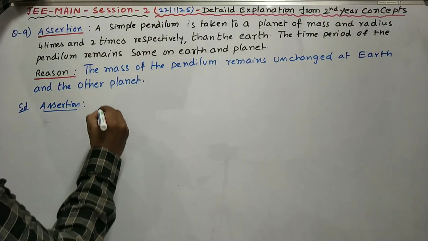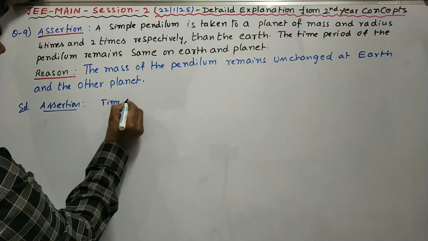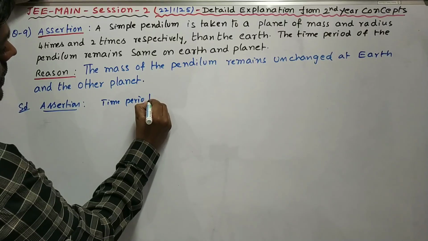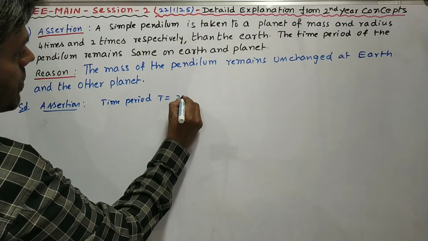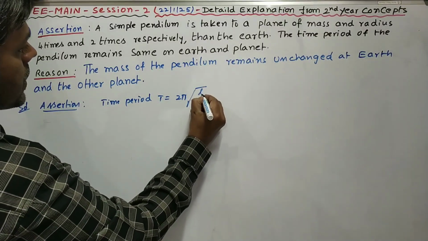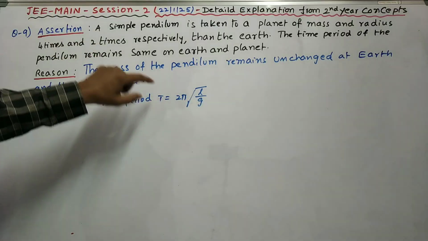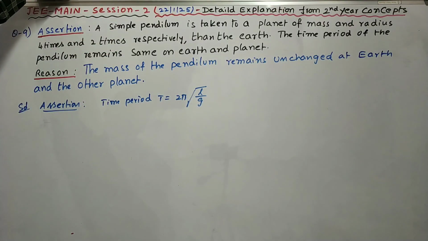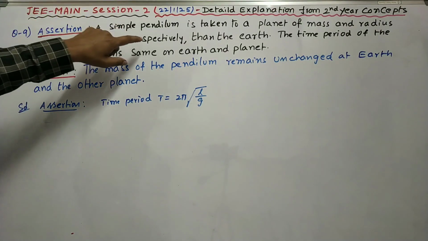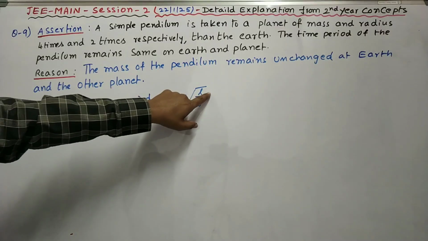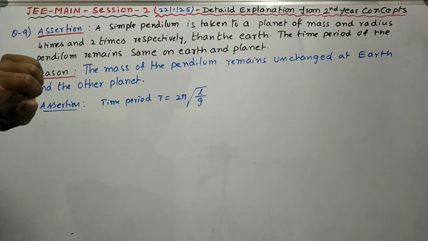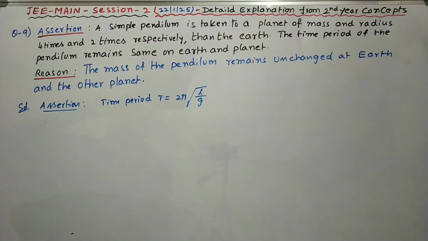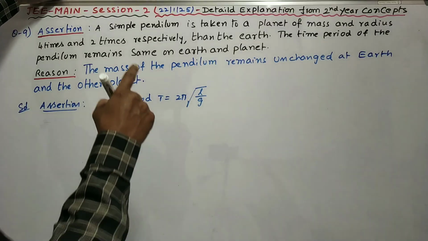A simple pendulum: what is its time period? Time period T of a simple pendulum is equal to 2 pi under root L by G. So the time period depends on the length and the acceleration due to gravity on that planet. So what is given?